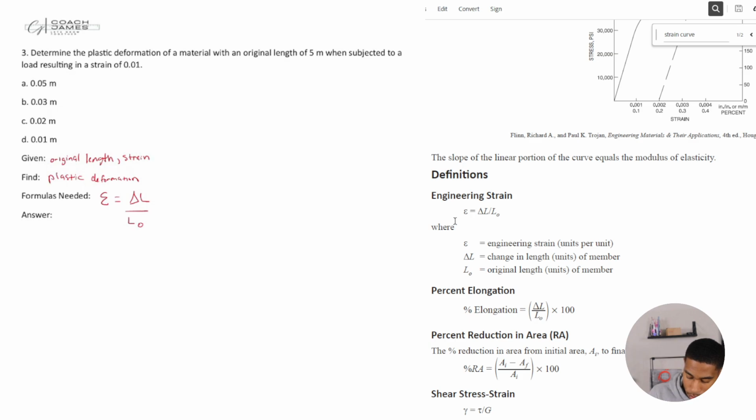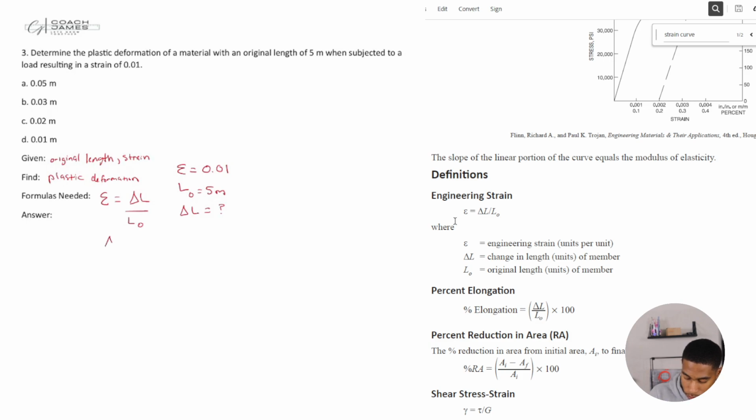Now, E is equal to 0.01. L0 is equal to 5 meters. And then our change in L, our deformation, is equal to question mark. So that's what we're solving for.